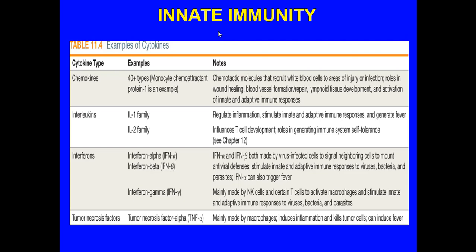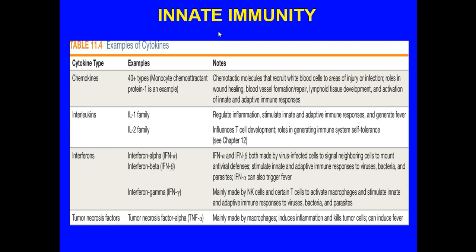Interleukins and interferons we're starting to see in the marketplace as therapeutics. The IL-1 family regulates inflammation, stimulates innate and adaptive immune responses, and helps to generate fever. So you have to keep in mind something. Someone that's going under some interleukin therapy may have some of these other effects that someone would say, well, that's probably adverse effects, but it actually is part and parcel of what has been generated as a result of this interleukin.